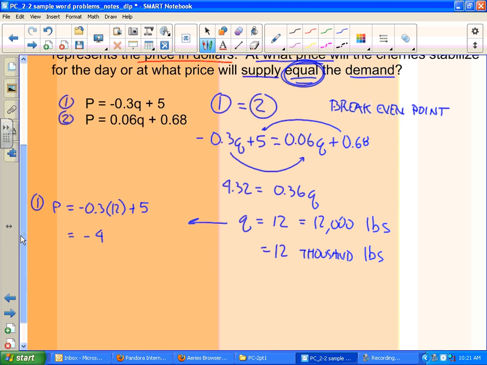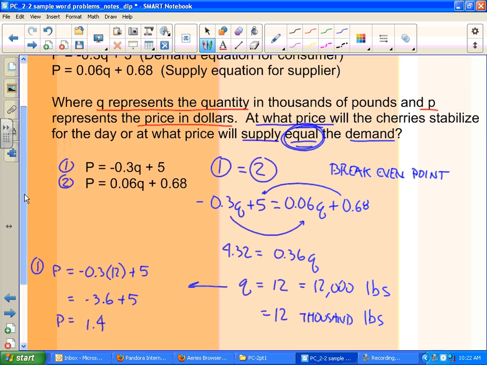So negative 4. Oh, wait. That's 30%, not 33%. So 30% of 12 is 3.6. So P is equal to 1.4.